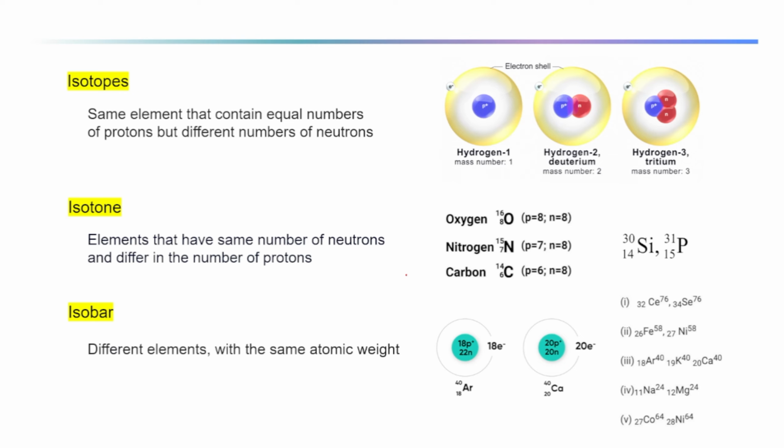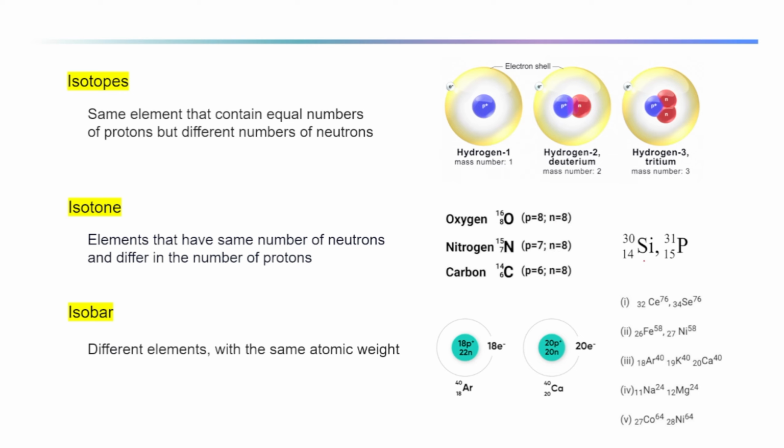So these are called isotones. For example, if you take O16, N15 and C14, we have different numbers of protons but the same number of neutrons. So these are called isotones.